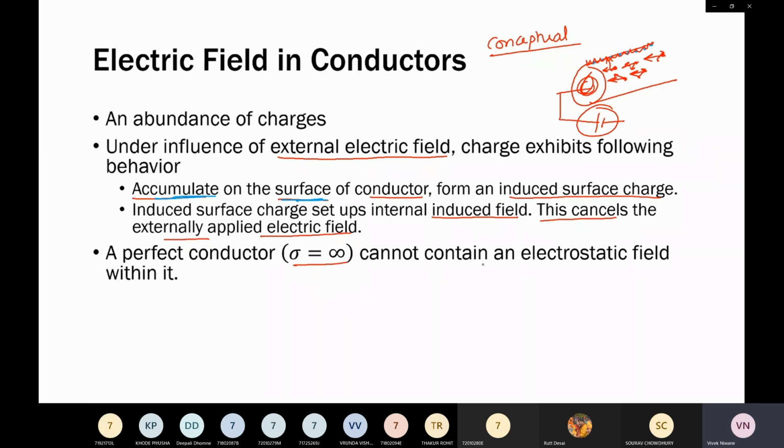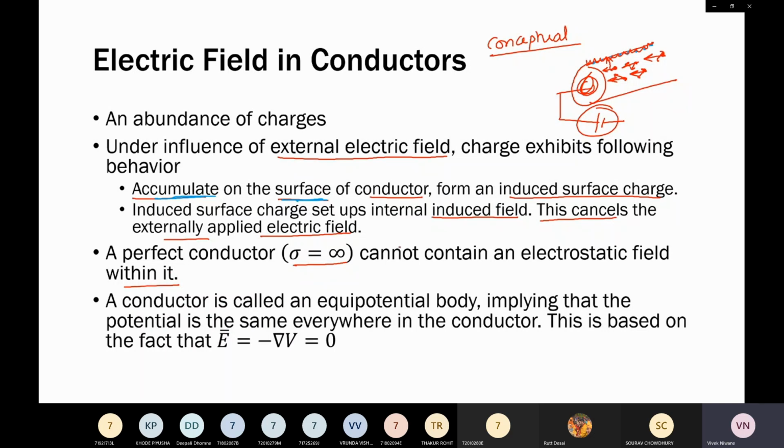This cannot contain an electrostatic field within it. A conductor is called an equipotential body, implying that the potential is the same everywhere in the conductor. This is based on the fact that the gradient of voltage, the potential, which is nothing but the electric field intensity, is zero in the ideal conductor.